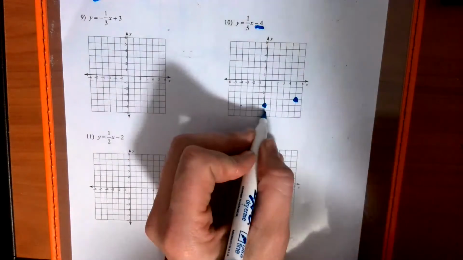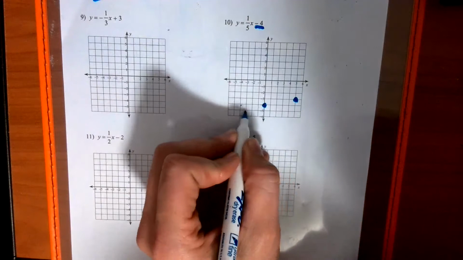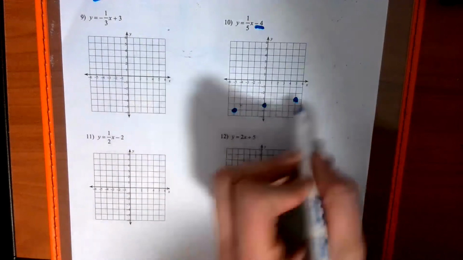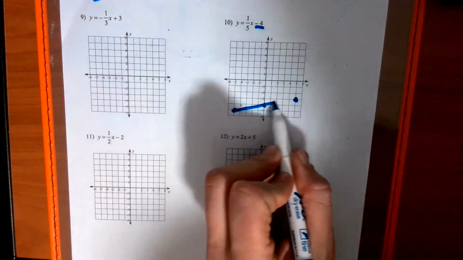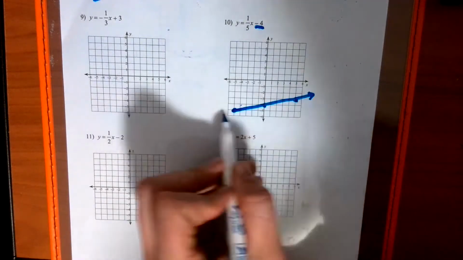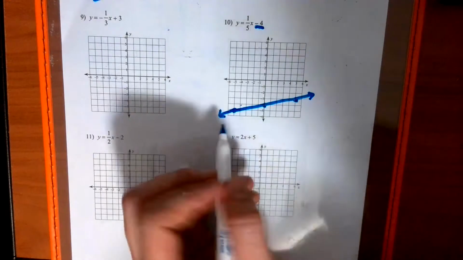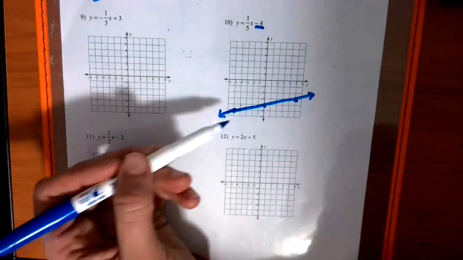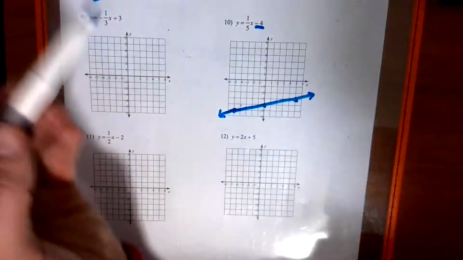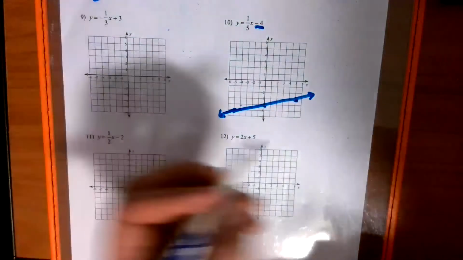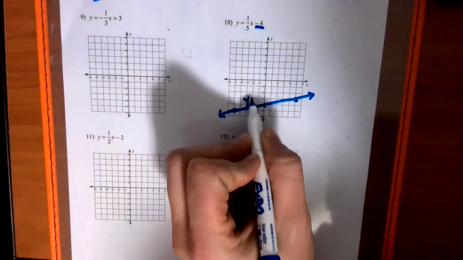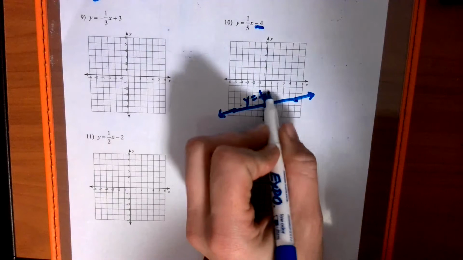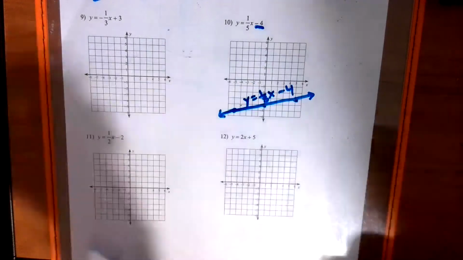And we can continue down 1 over 5. Our line is really like a low slope. But as you can see, this is a positive slope because we start and we go up like a ladder, and same with the one up above here. And then we write our equation on the line, just like that.